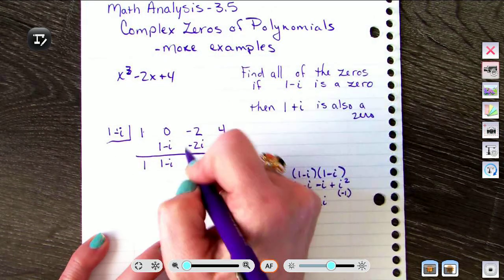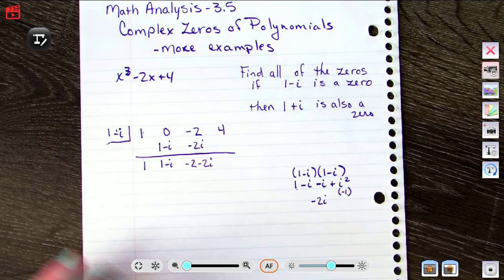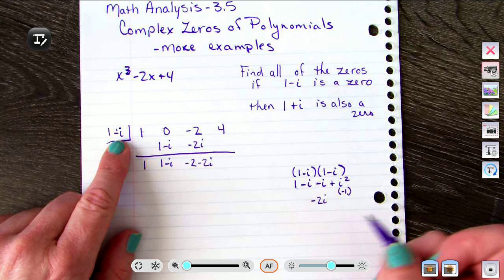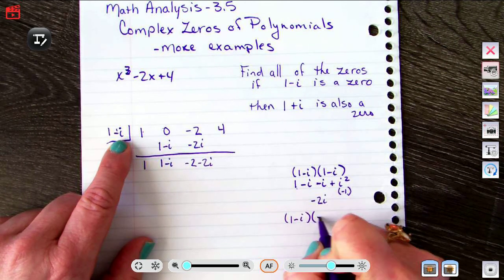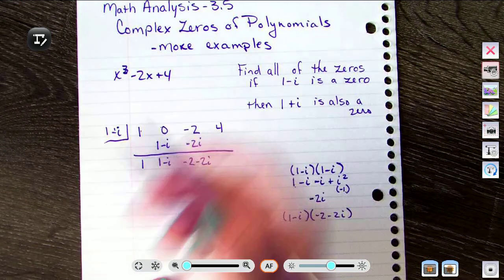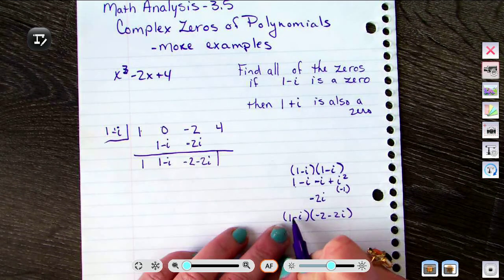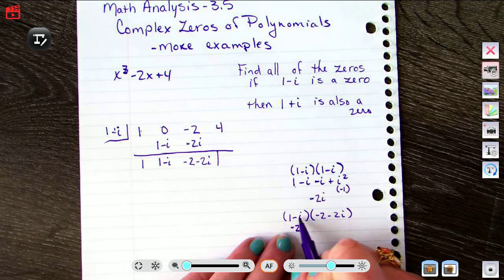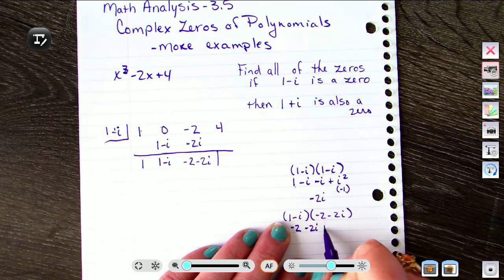Now adding, I can't combine them at all because one's real and one's imaginary. And now I need to multiply these guys together. Since I was told it is a 0, I should get negative 4, because that's going to have to add with that 4 to give me 0. But we'll double check. So 1 times negative 2 is negative 2. This is going to give me a negative 2i, a plus 2i.